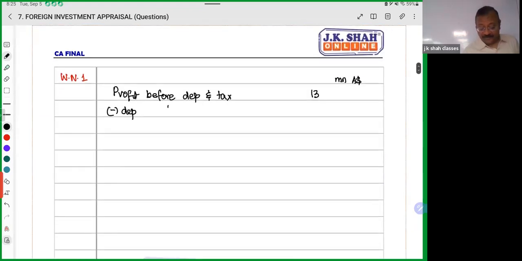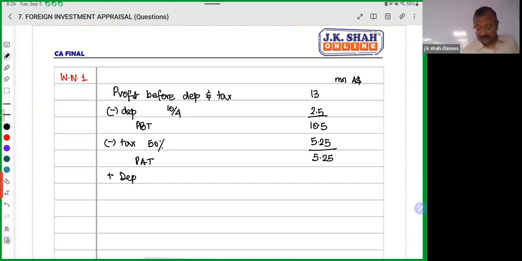So depreciation is 10 divided by 4, 2.5. This gives me PBT of 10.5. Less tax at 50%, 5.25. 5.25 is PAT. Add depreciation 2.5. That gives 7.75.